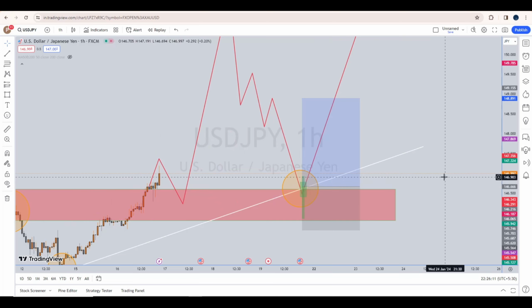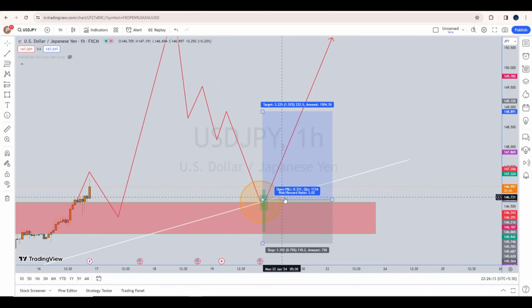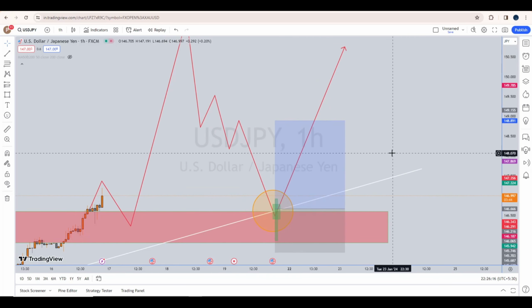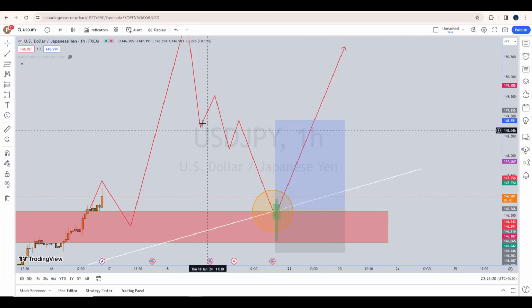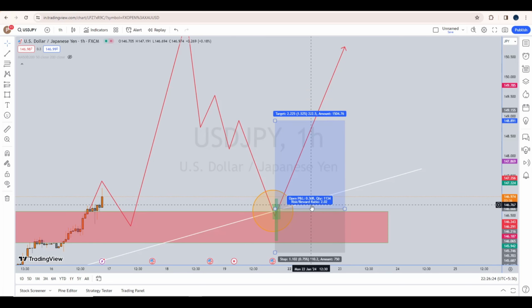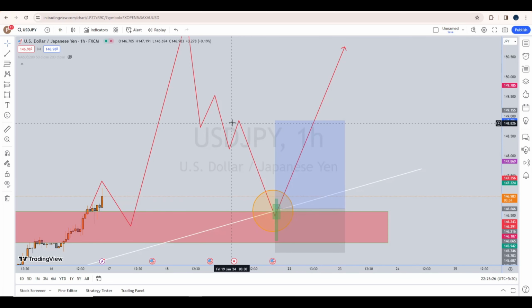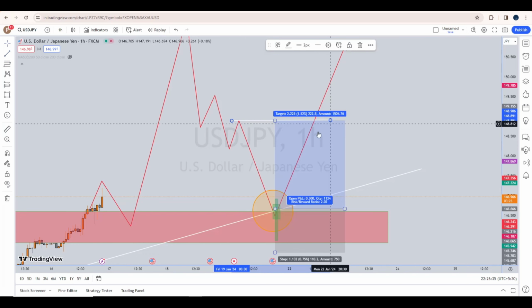Now how much will we plan for our exit? Suppose we enter a trade over here and we have to take our target profit levels. Okay, so what we'll look for is the previous highs, or 1:2 is our one confirmation and the previous high will be our second confirmation. As you can see, the previous high is right here, so we will always close our trade before this area.